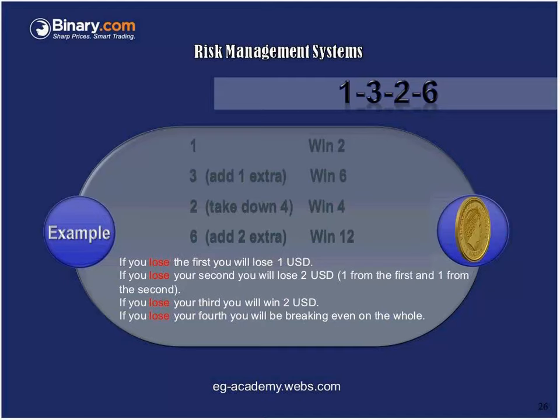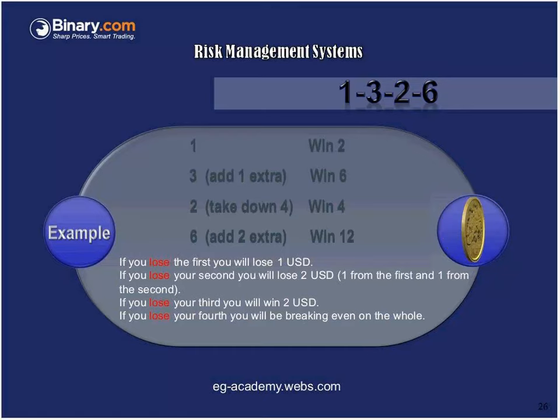The 1326 system is a positive progression system similar to the Paroli system or anti-martingale system. The main premise of the system is that you may win 4 times in a row. In the first step, you invest, for example, 1 unit. In the second, 3 units. In the third, 2 units.